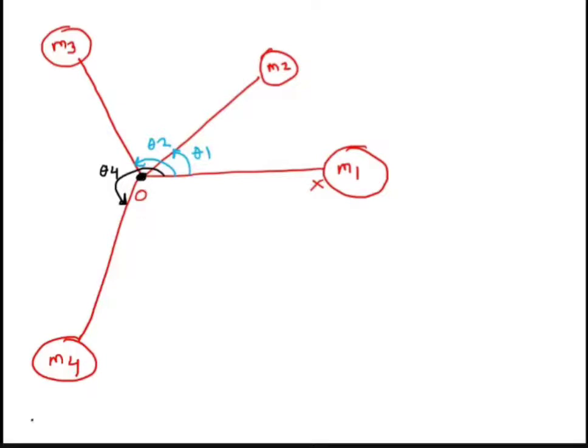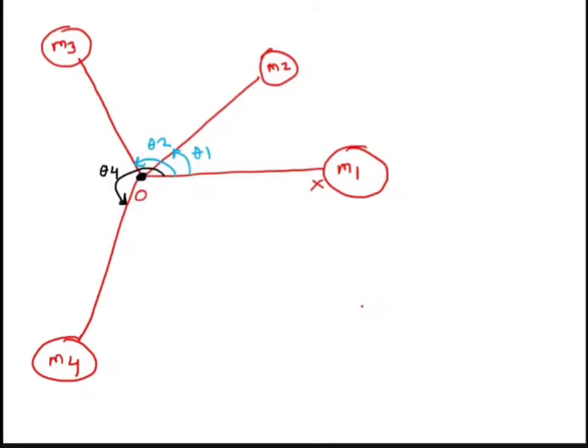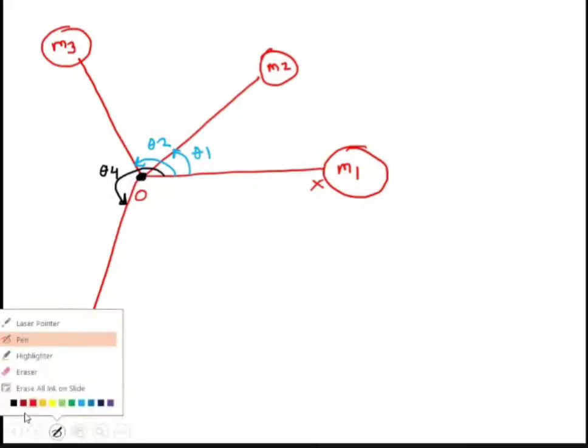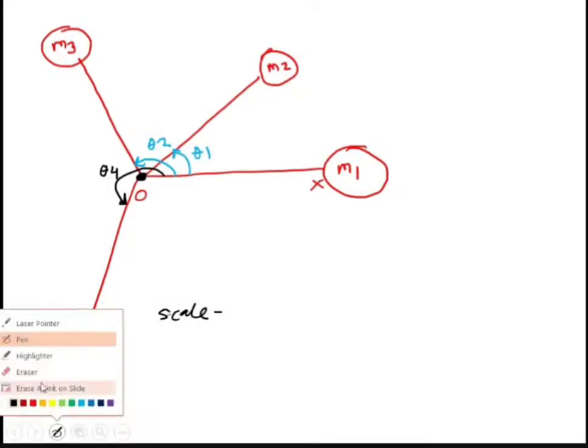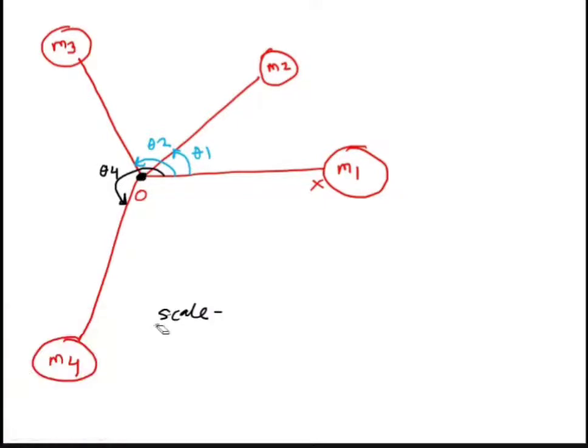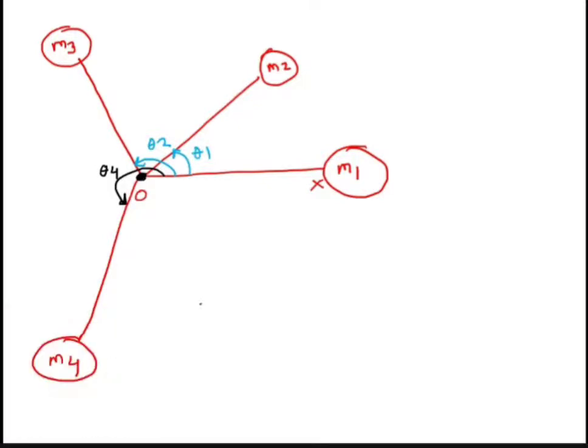Now once you draw the space diagram, what is the next step? The next step is to draw the vector diagram, that is the force polygon. To draw the force polygon, you have to assume some scale. But before assuming the scale, we have to first calculate all the centrifugal forces.